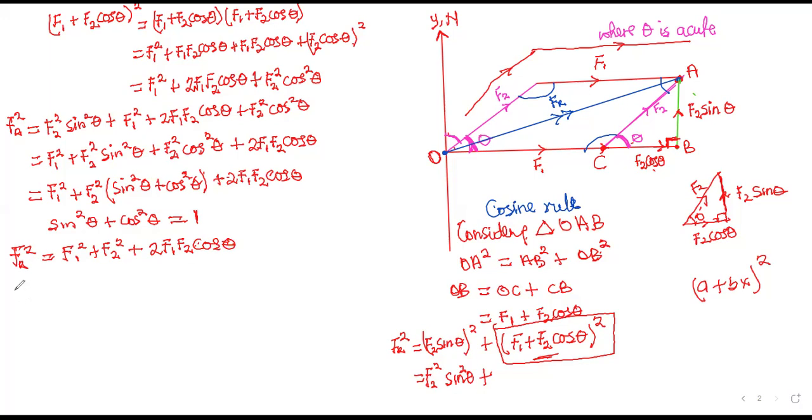If we are looking for the resultant, FR is equal to the square root of all these: F1 squared plus F2 squared plus 2F1 F2 times cos of theta.